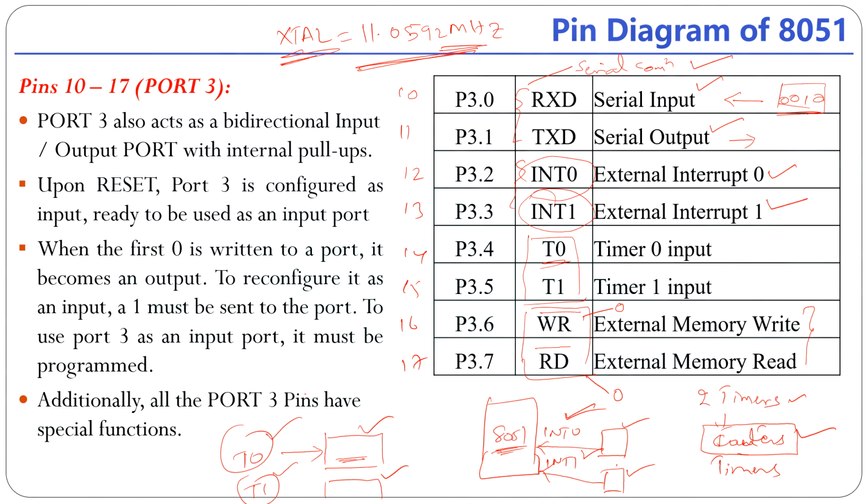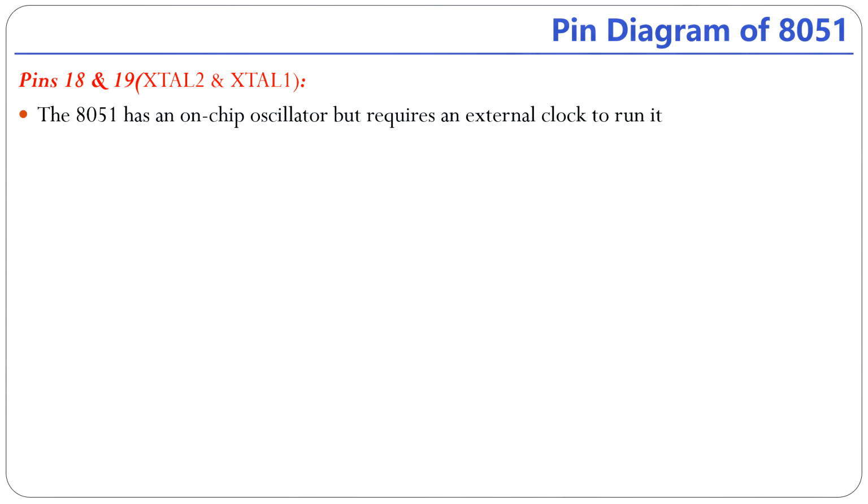So this is about port 3. Then pins 18 and 19 are provided for XTAL2 and XTAL1. These two are crystal oscillator pins. The 8051 has an on-chip oscillator but requires an external clock to run it.